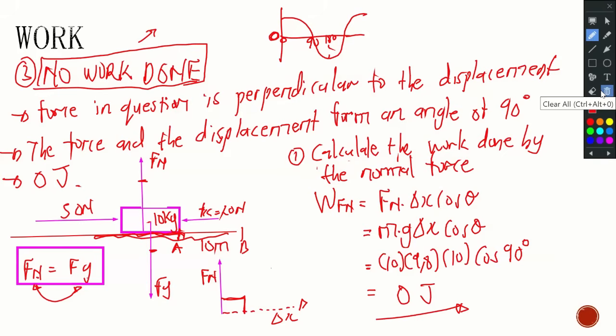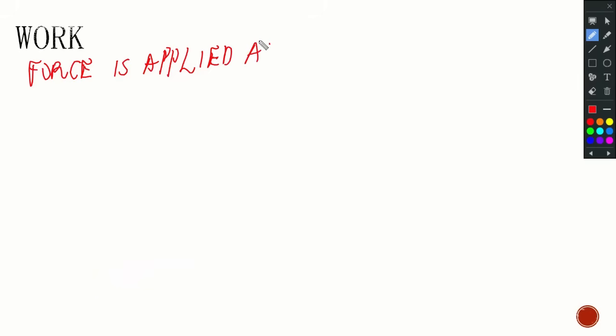Now, there is, however, a particular case whereby now let's say the force is applied at an angle. So let's look at a case where force is applied at an angle. So we might have a case like this.